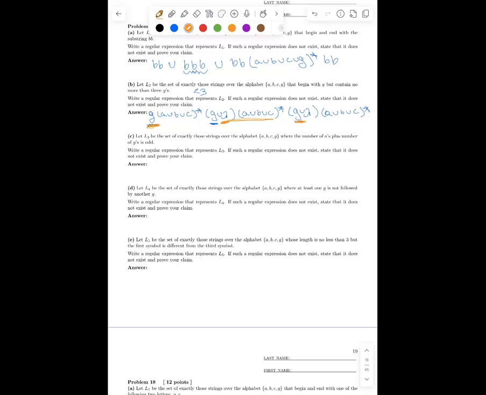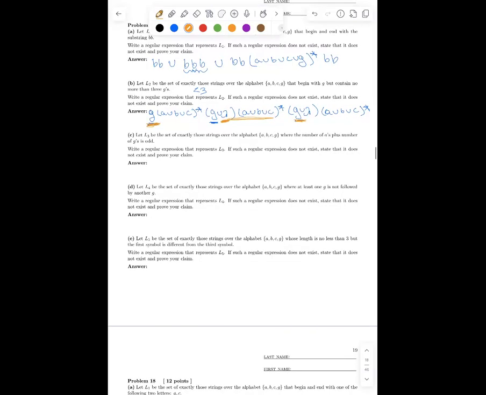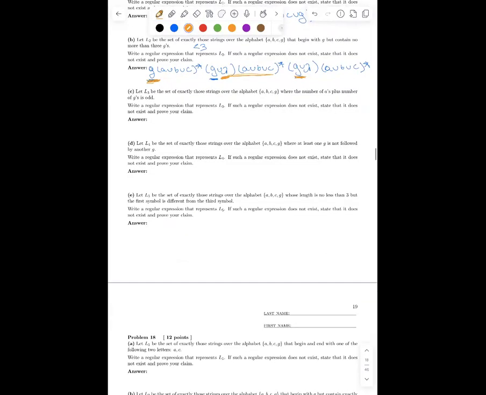So I will move on with the C. Let L3 be the set of exactly those strings over the alphabet A and B, C, and G, where the number of A's plus the number of G's is odd. So if I have an odd number, I can either have 1, 3, 5, 7.